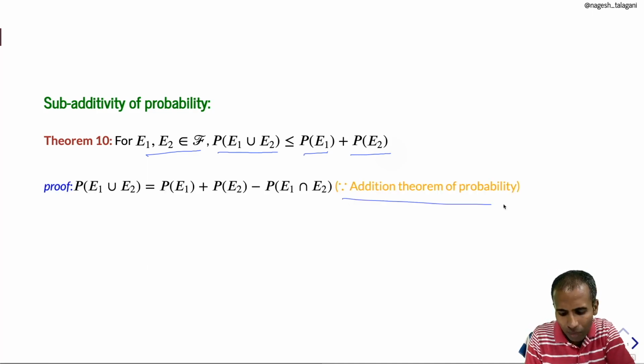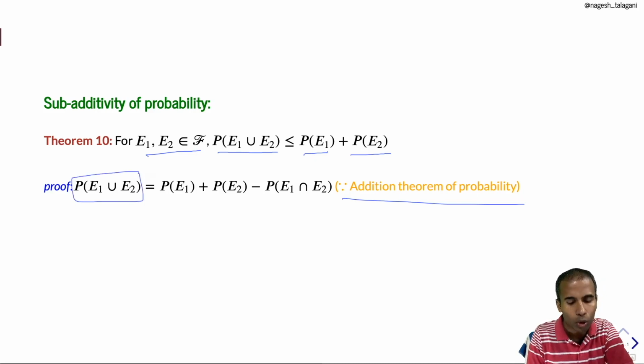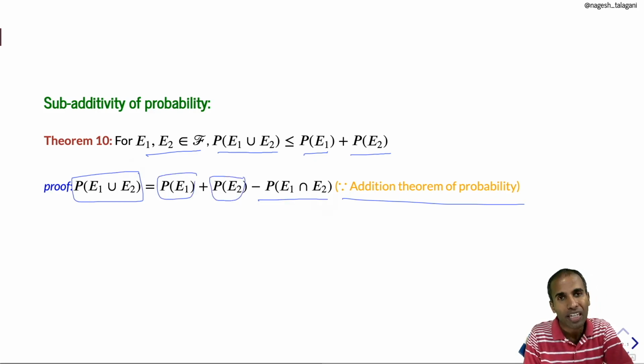From the addition theorem of probability, we know that the probability of E1 union E2 is exactly equal to the probability of E1 plus the probability of E2 minus the probability of E1 intersection E2. And we also know from axiom 1 that the probability of any event is always non-negative. So this term is non-negative.